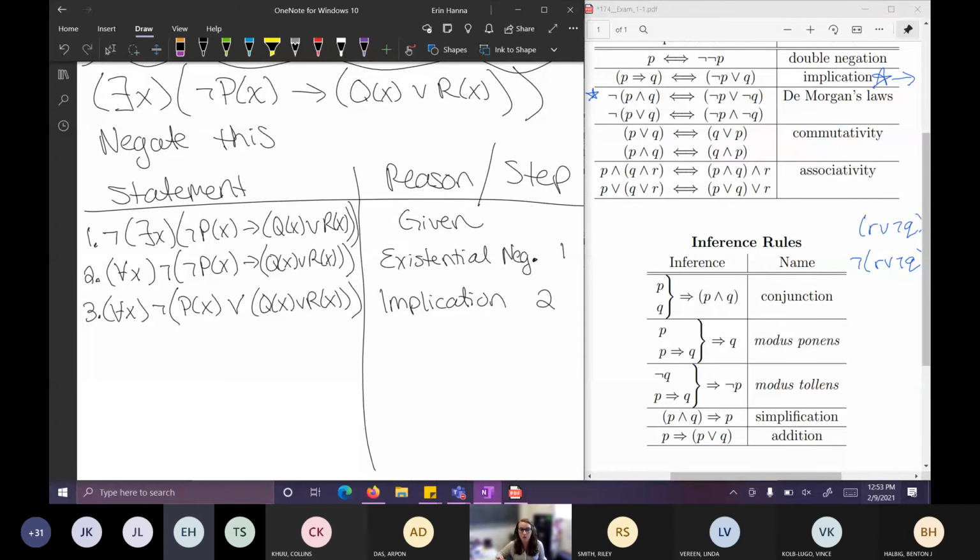Now that we have an or, we can distribute that negative using De Morgan's. Again, this for all in the front is just chilling. And now De Morgan's tells us that we can distribute that negative and switch the sign.